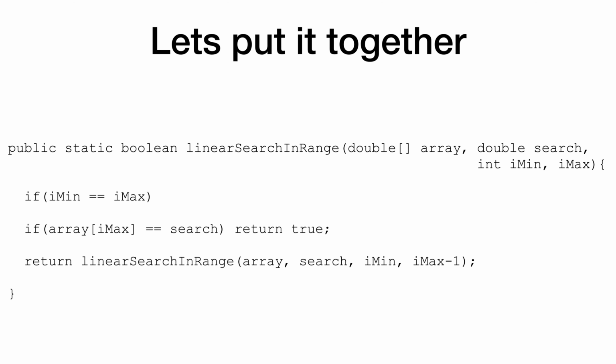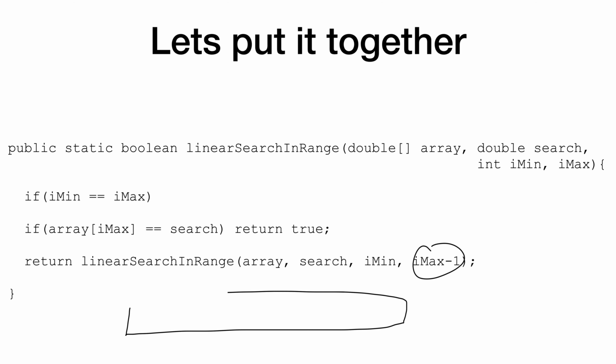Because otherwise, this would become a range that's negative. And at that point, we know there's only one thing left. So if we go out all the way here, here's our array. And now our min and our max are here.